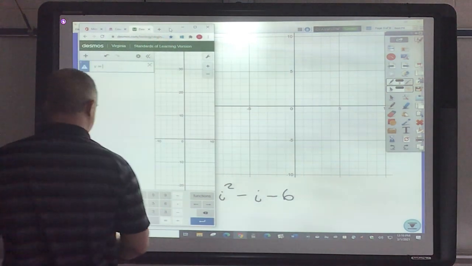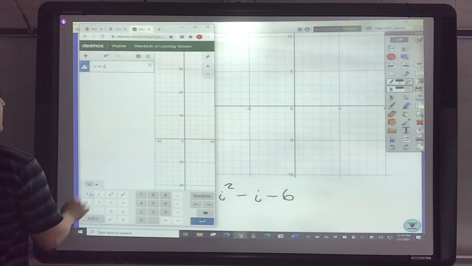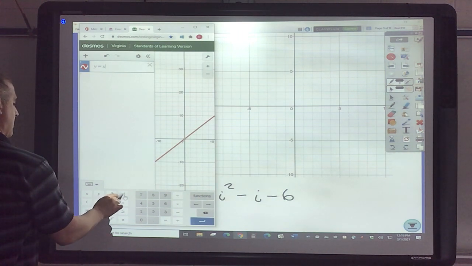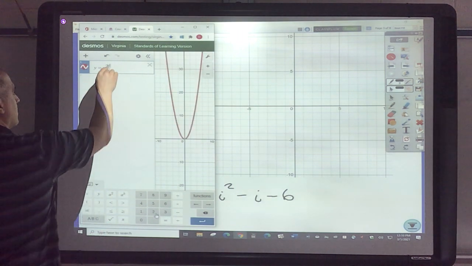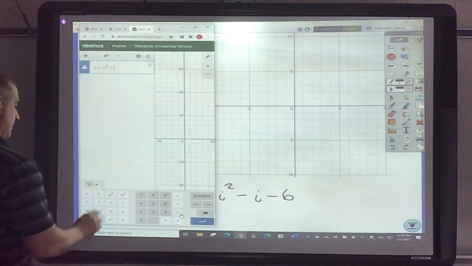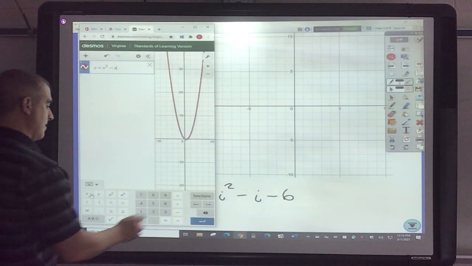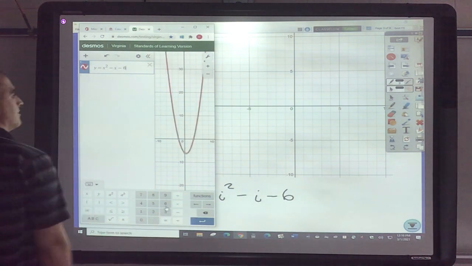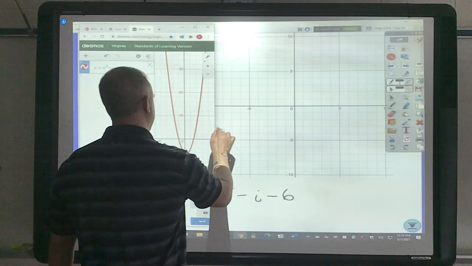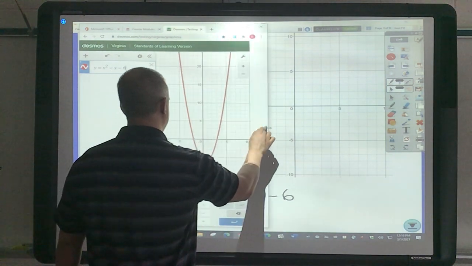x squared, I can just go ahead and use x instead. X, the exponent of 2, minus x, all right, minus 6. Now, I'm going to expand this just a little bit so I can see it a little bit better.